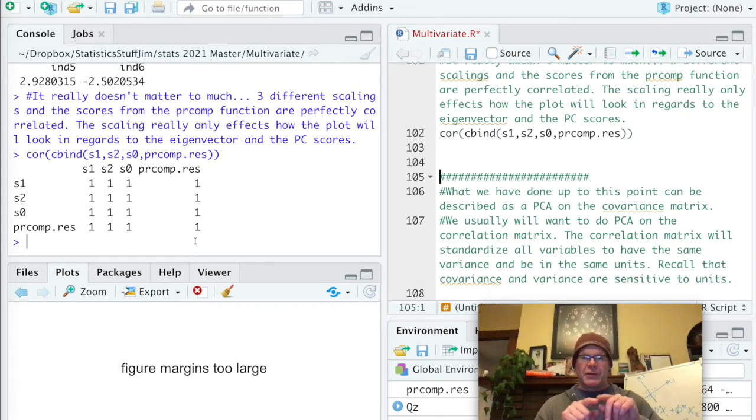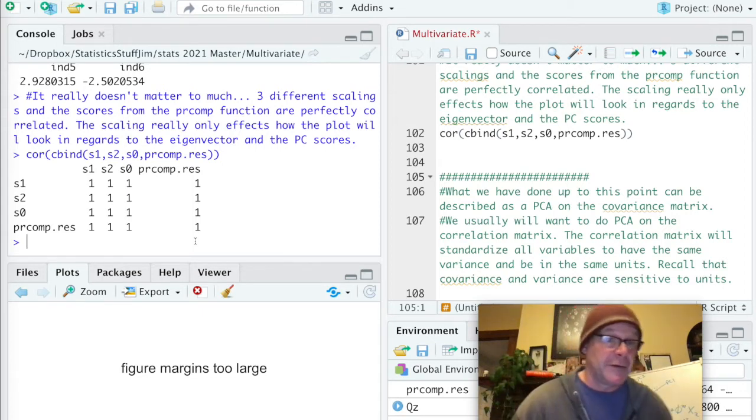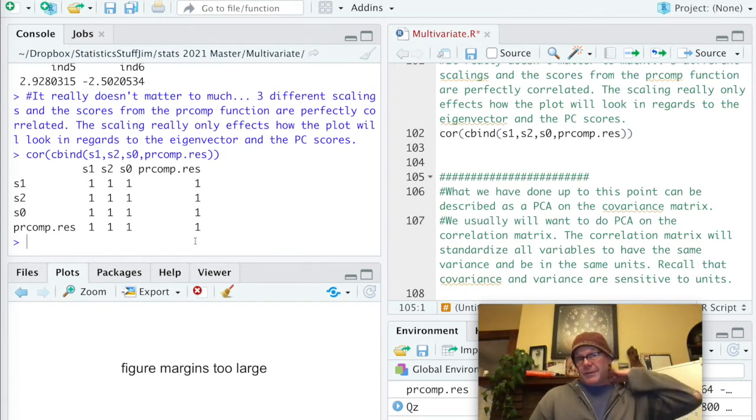Oftentimes, people don't even show those rays anyways, and so then you would just use scaling 2, which, again, is going to be perfectly correlated with any other type of scaling. It's just all about how it looks when you're trying to interpret the data.